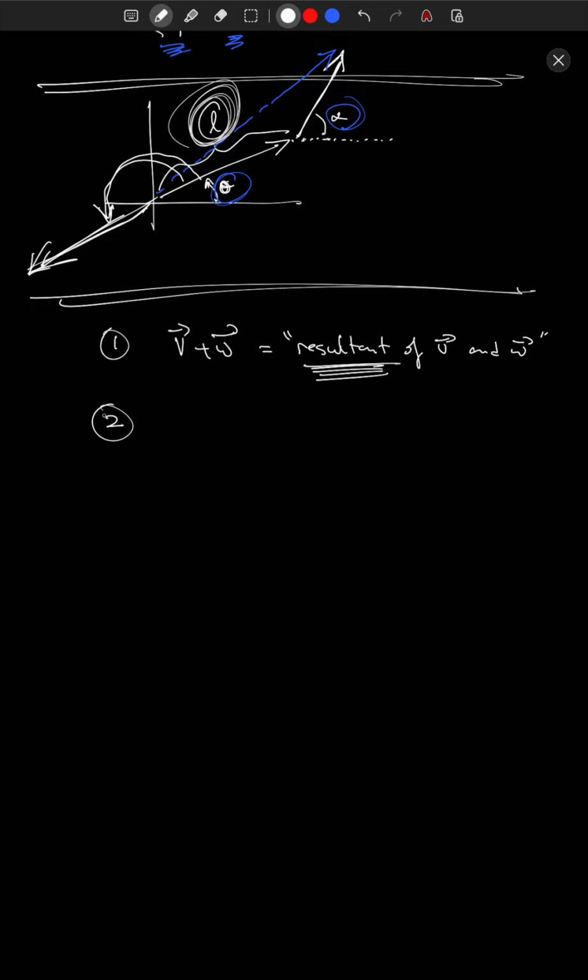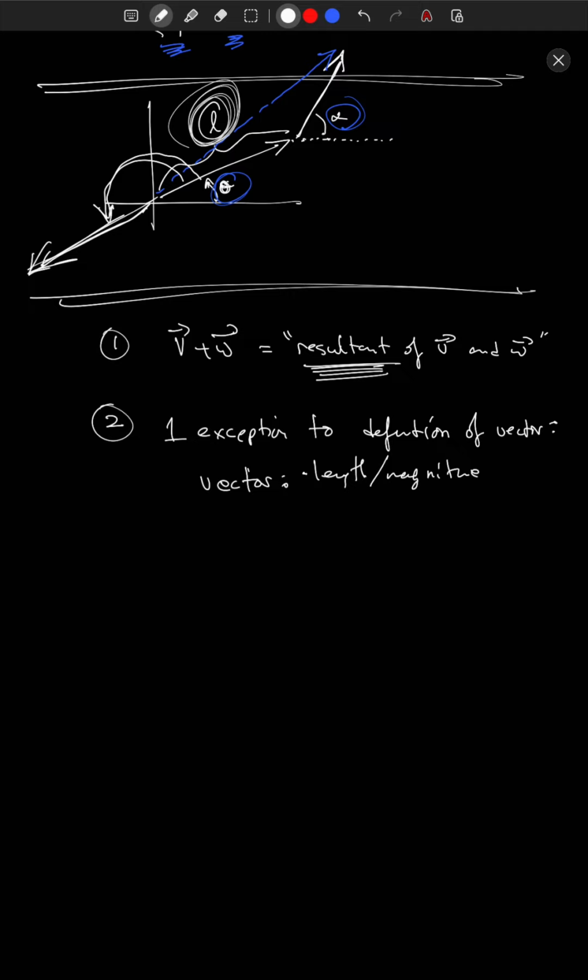All right, and number two, there's one exception to our definition of vector. So what we said a vector was is a length or magnitude, same thing, and direction, right?